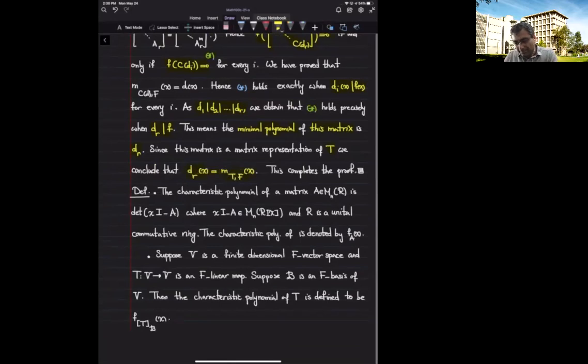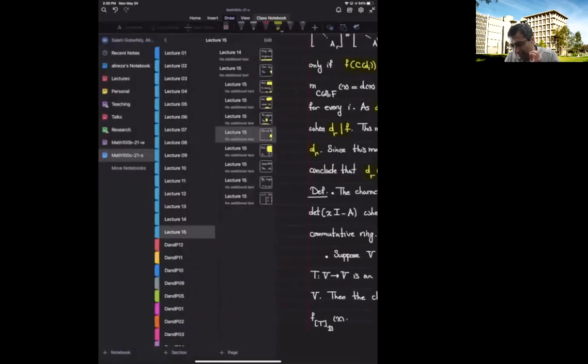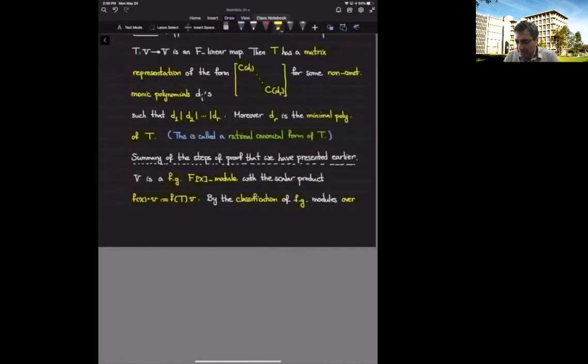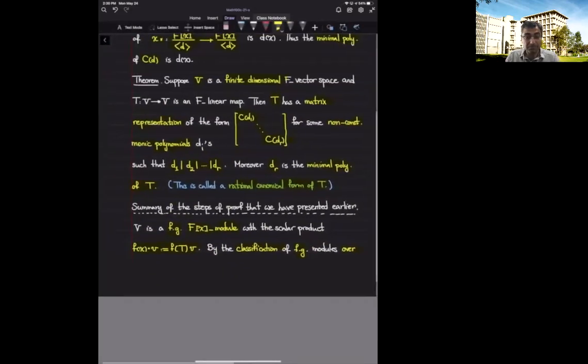So let's look at it again because it's extremely important. Look at the statement. Whatever linear transformation I give you, you can always find monic non-constant polynomials d1 through dr, each one dividing the next one. And our linear transformation has a matrix representation of the following form.